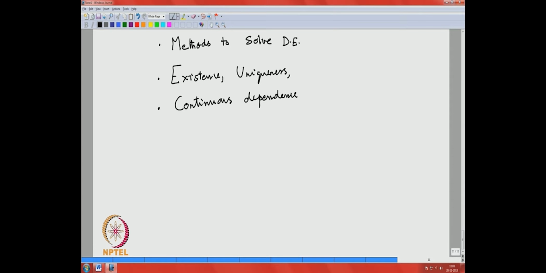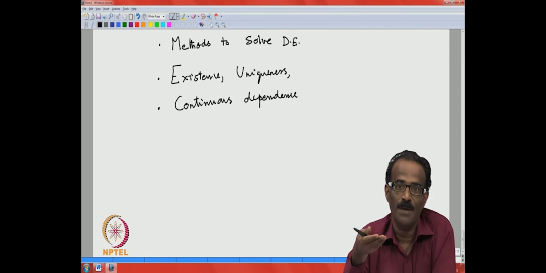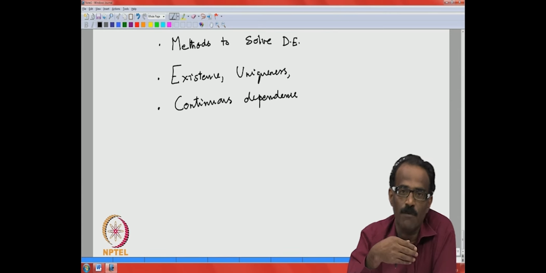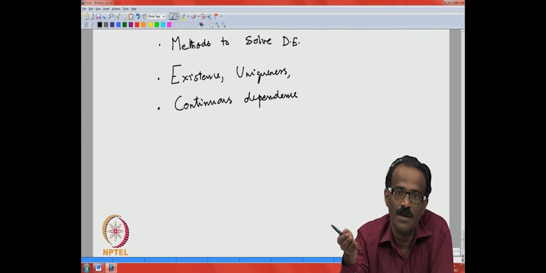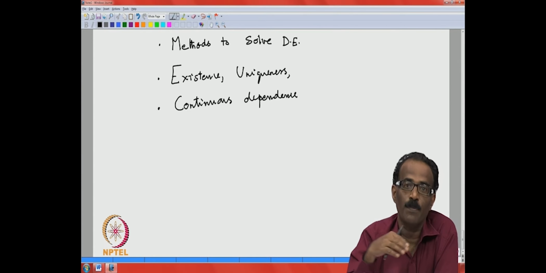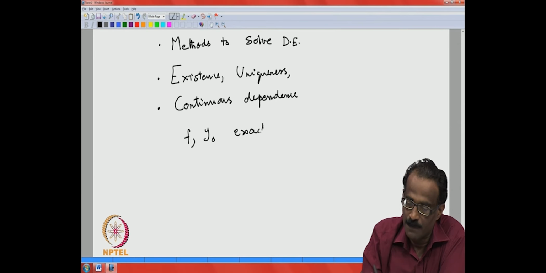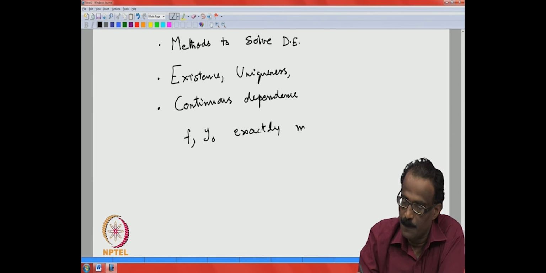For example, the dynamics F or the initial conditions phi naught may not be available to you, they may be coming through some data. In fact, even the explicit form of F may not be available. What you may have is a finite set of data for F. Using the finite set of data and approximation schemes, you may be able to approximate F. So, you may not have F and y naught exactly.